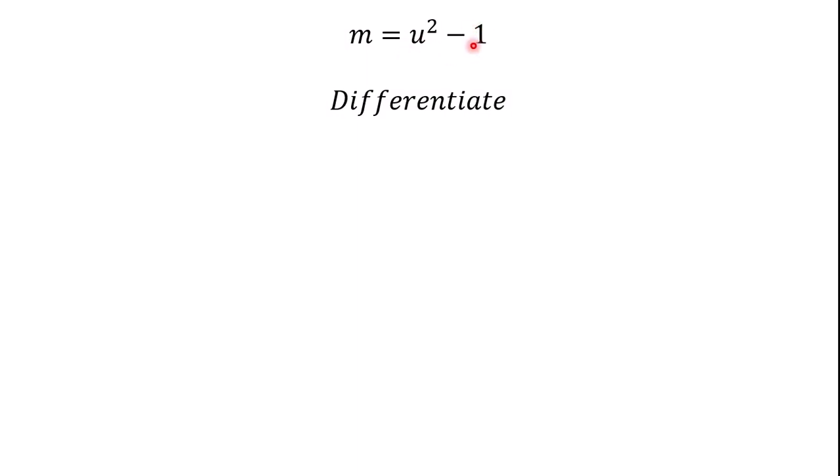Now when you differentiate this constant, we are just going to get 0. To differentiate this one, we just multiply this by this, that is 2u, then we decrease the power by 1. So dm is equal to 2u du.